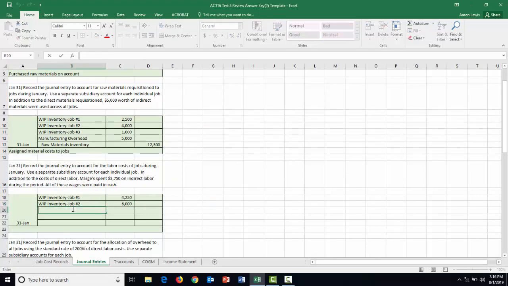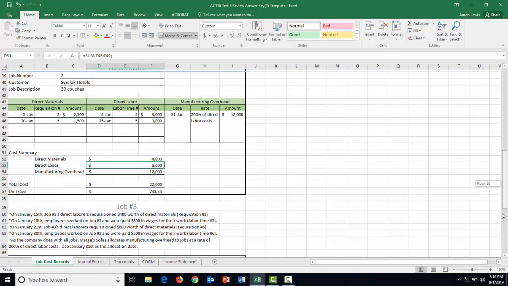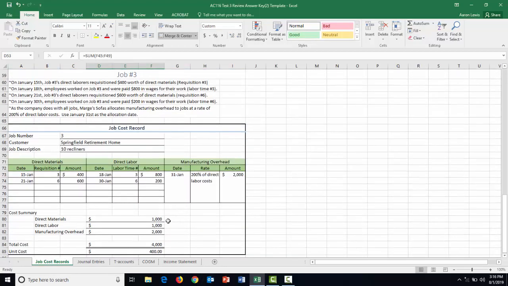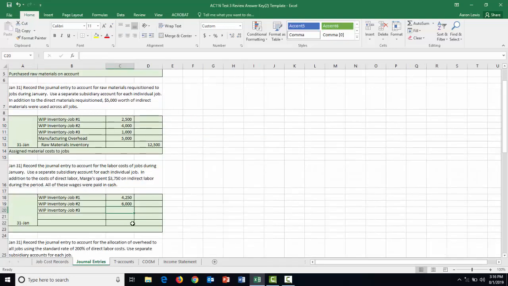And then next up we have WIP inventory for job number 3. We go to our job cost record for job number 3, which had $1,000 right here in labor. So we go to journal entries, and that's going to be $1,000.